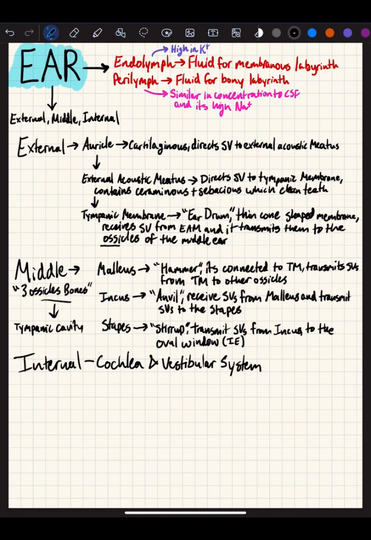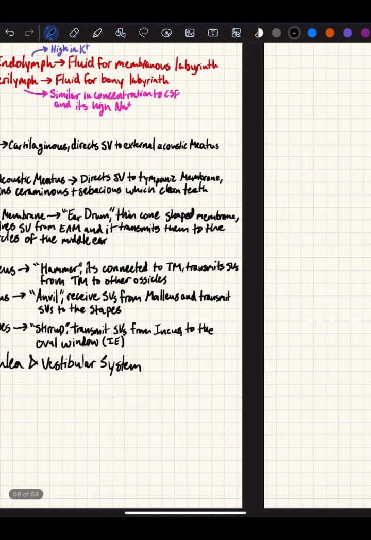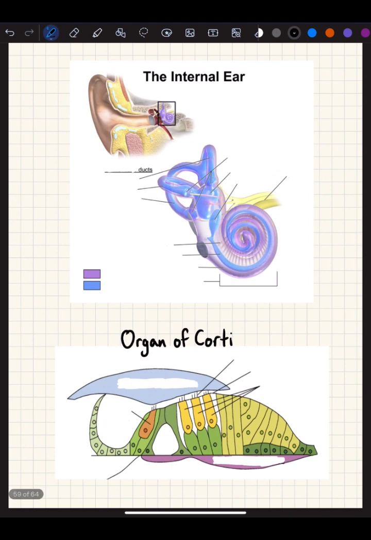Now, if we were to go to a diagram of such, as you can see, it looks nothing like a hammer, anvil, or stirrup. But, again, we don't get paid enough to care about that, so we're just going to roll with it. So here, these 3 things that it's pointing to are the semicircular ducts.